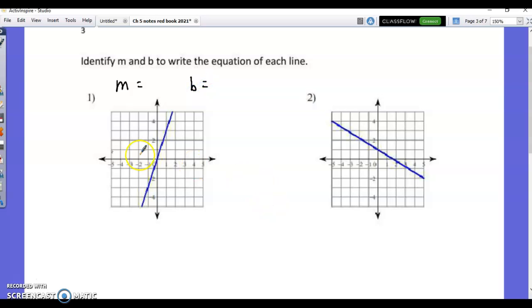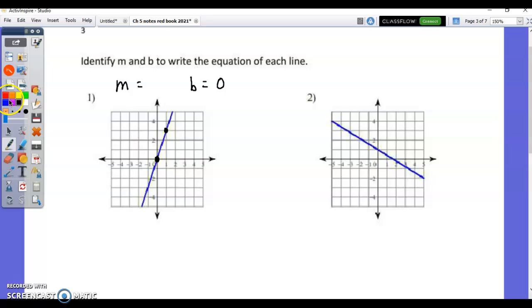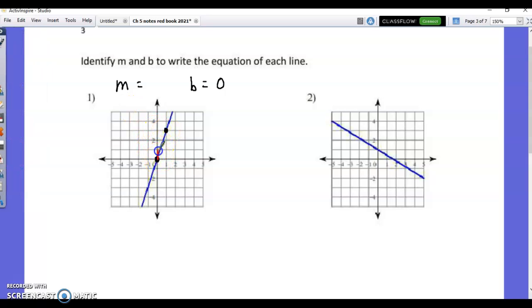Again, I think it's easier to identify your b, because if we look at this, our b is right here, and that b is at 0. Now we need to find another point where they meet at an intersection, and that would be right here on this line, at point (1, 3). So now I'm going to calculate the slope. I go from here to here. I have to go up 1, 2, 3. So my top number is 3.